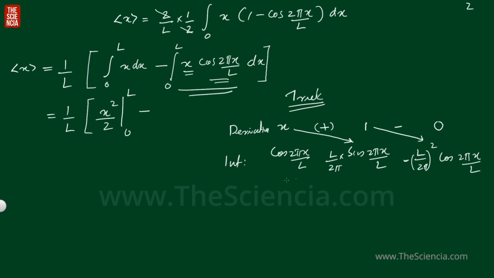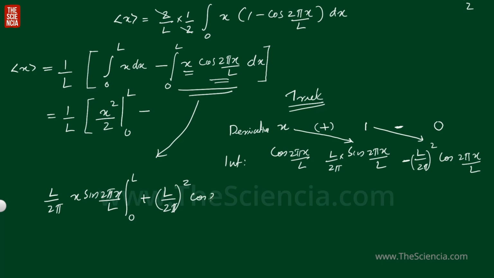So I can rewrite this expression as L by 2 pi x sine 2 pi x by L, where the limit is 0 to L, minus, here there is a minus and here also one minus, so this will become plus L by 2 pi whole square into cos 2 pi x by L, where the limit is 0 to L.